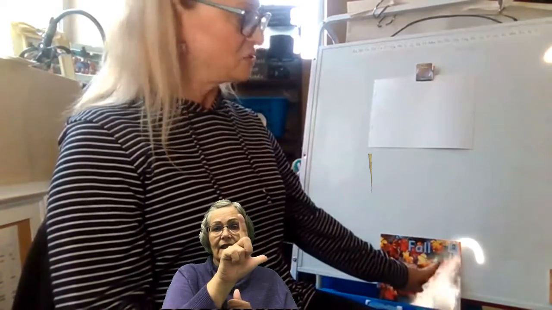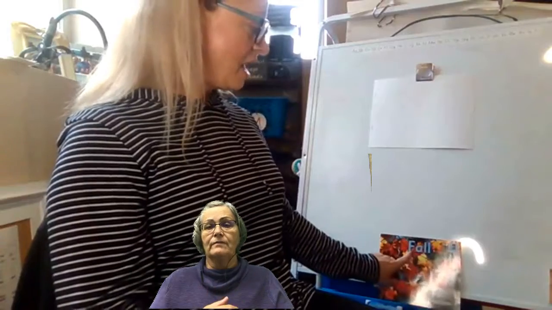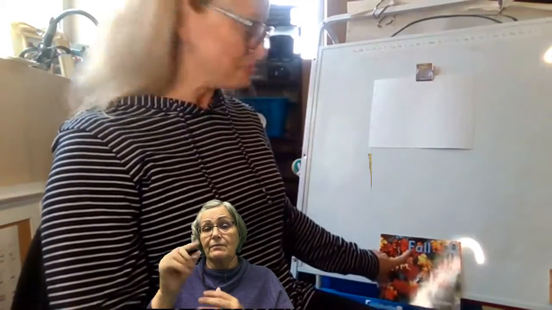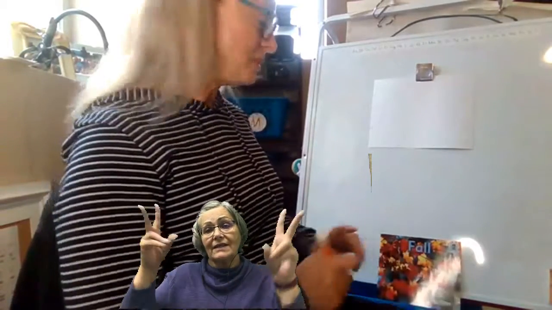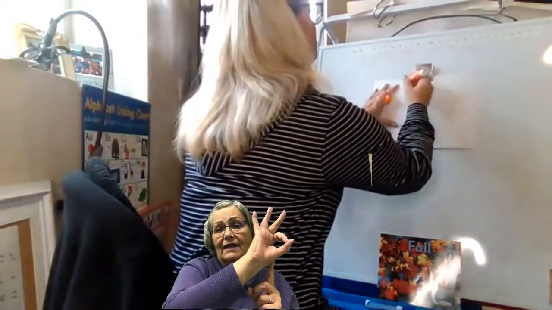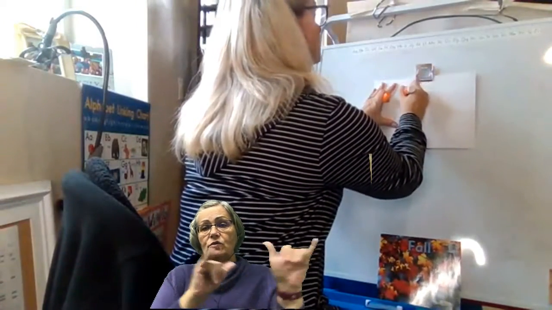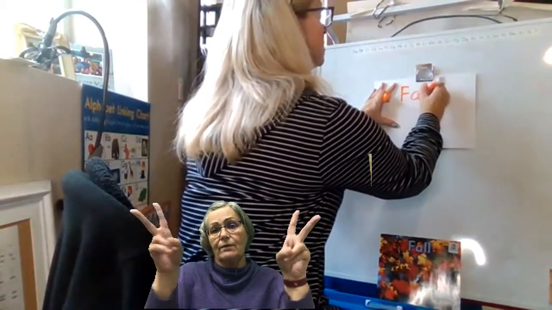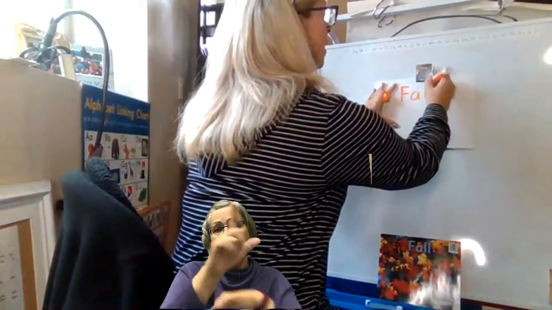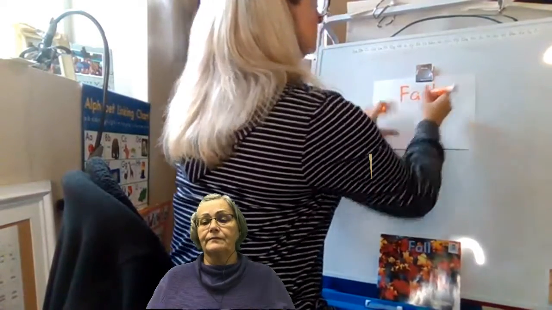F-A-L-L, just like this author did, okay? And my first graders might know this, but titles of books are always capitalized, so I'm going to do that too. Our book is going to be called Fall. Okay? So that part of our book is going to be the same as our title.